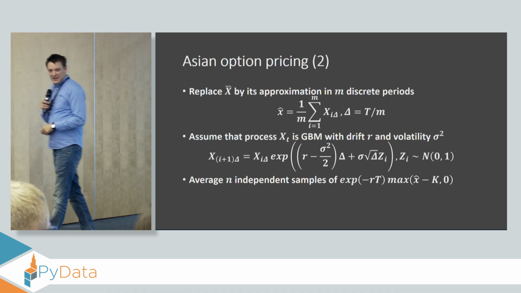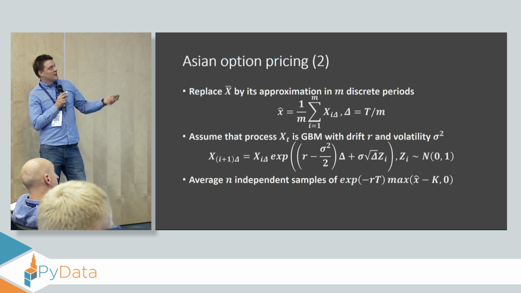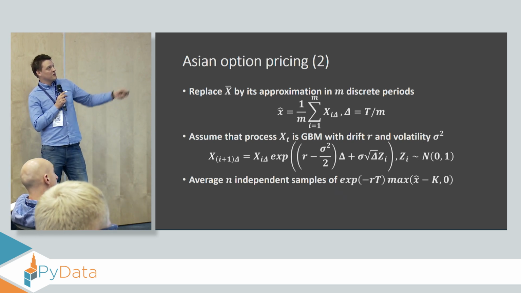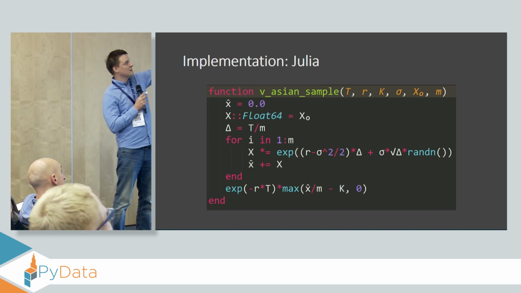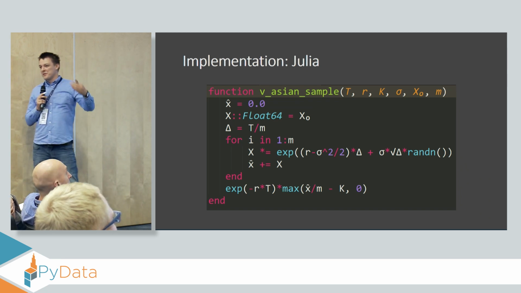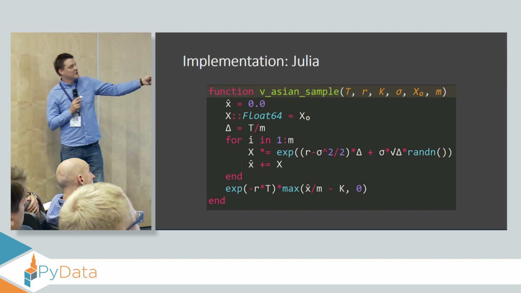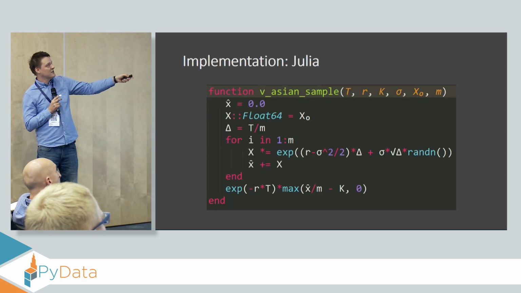So let's start with my first implementation in Julia. I simply take those formulas and translate them to code. So this is actually a one-to-one mapping of my formulation on paper to the formulation in the code. For example, here I have this x hat, so x hat starts at 0.